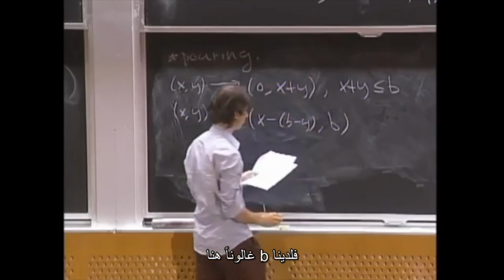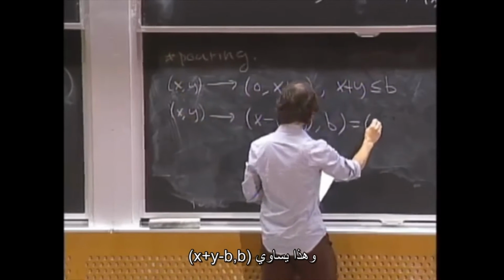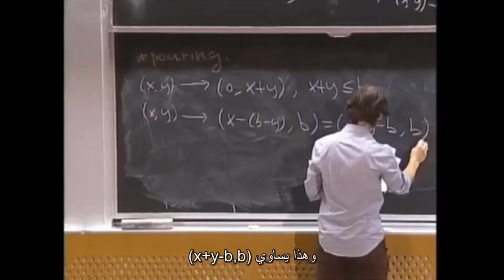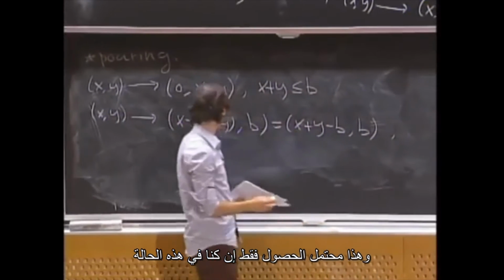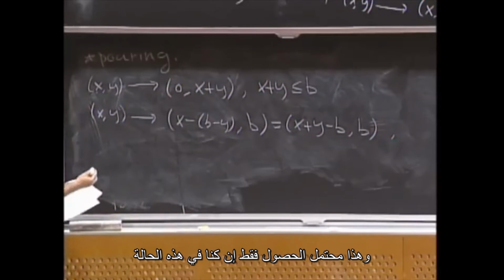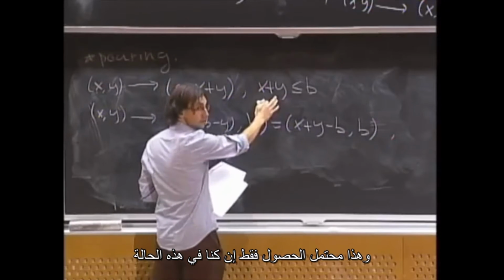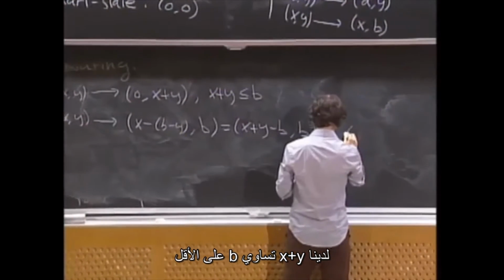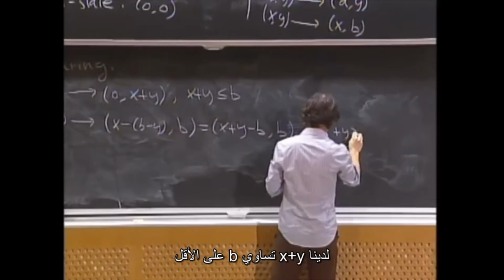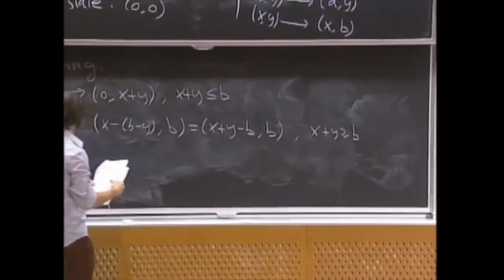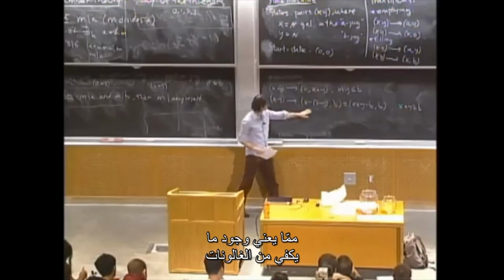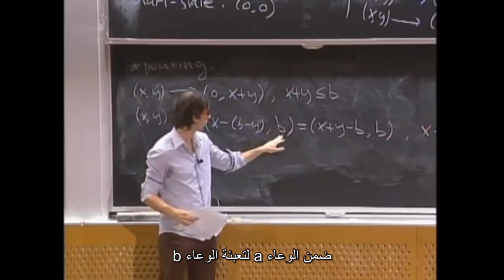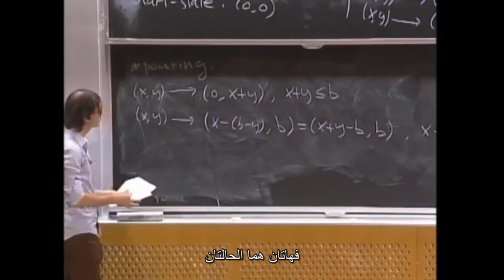So we have b gallons over here. So this is really equal to x plus y minus b, comma b. And this only is possible if we are essentially in the complementary case. So we have that x plus y is at least b, such that there is enough gallons in the A jug to be poured over to fill up the B jug. So these are the two kinds of cases.